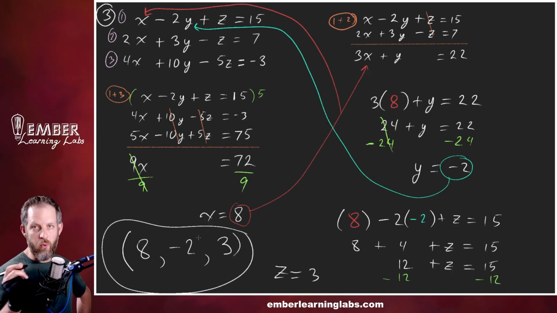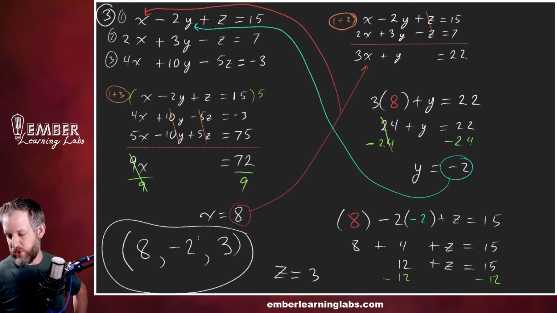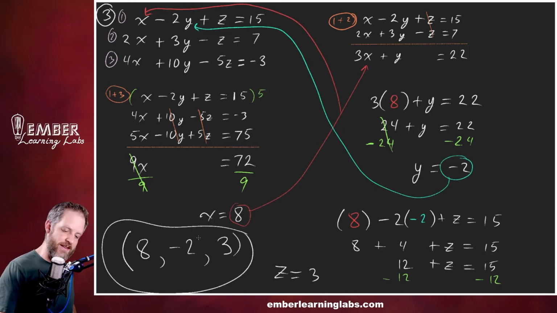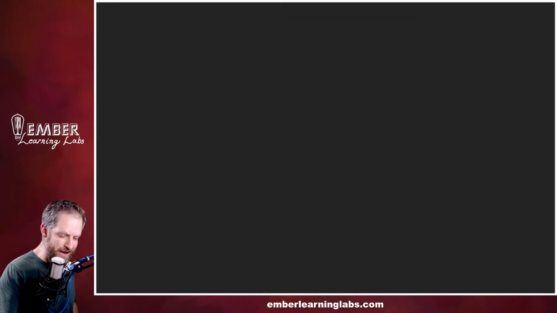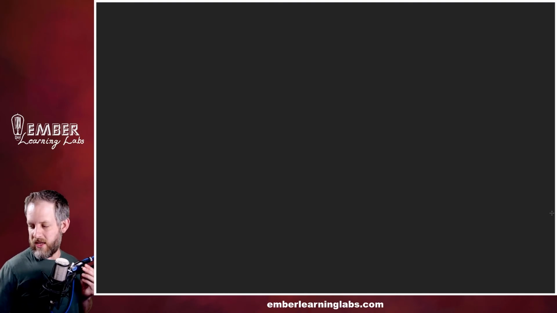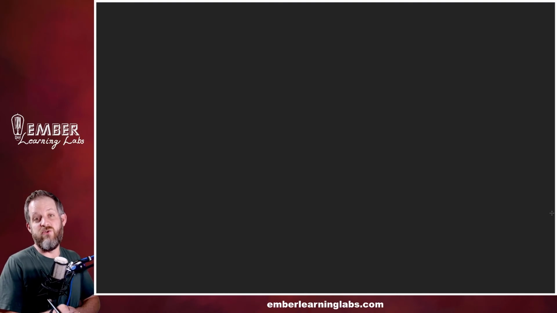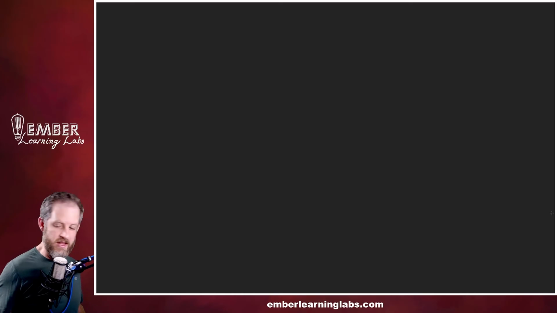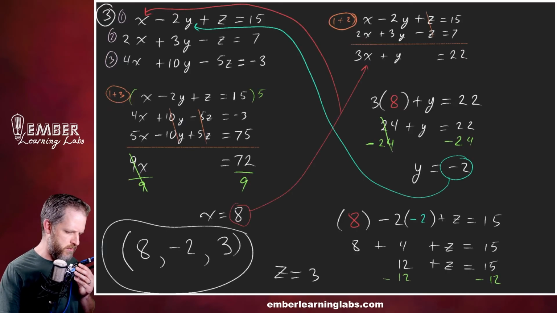Okay. One more example. We're going to do an inequality. We're going back to a 2x2, and we're going to solve a system of inequalities by graphing, because inequalities, that's really the only way to solve them, is graphically. So we're going to solve by graphing. This is example 4.